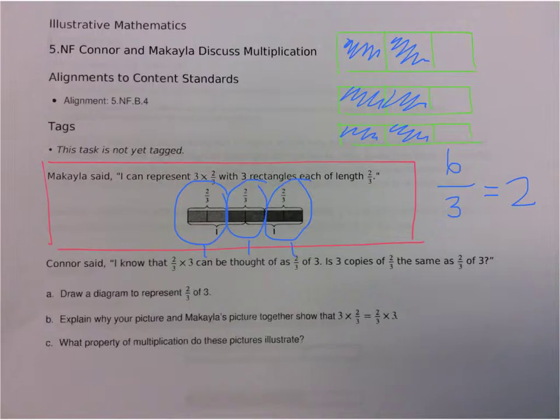Would it affect the answer though? No, right? So whether I choose to represent it as 3 wholes, having all 3 pieces, or I choose to represent it the way that Michaela did and only represent the 2/3 that I need, I'm still going to get the same answer, correct? So does it really matter?